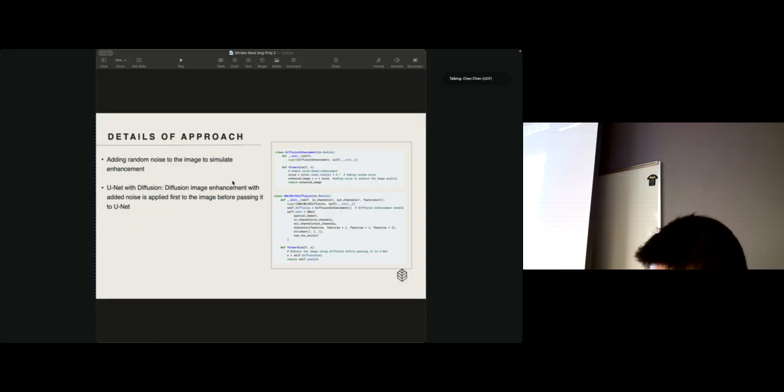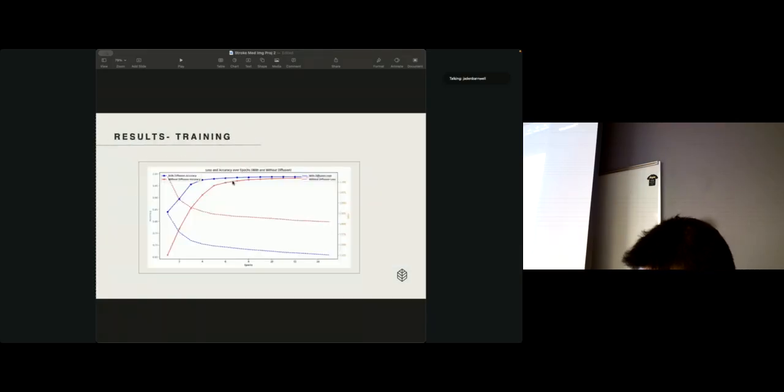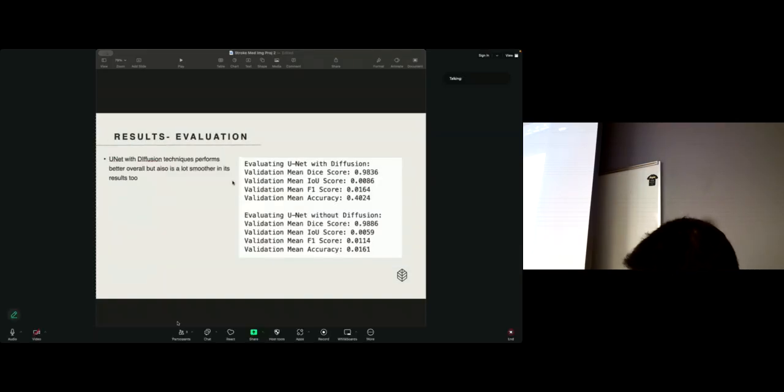And also, can you go back to the result? I don't see why the dice score is high, yet your accuracy is pretty low, like less than 1%. Right? The mean accuracy is like 1%, and the dice score is close to 1.